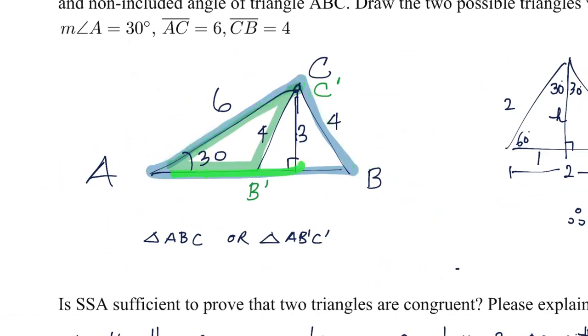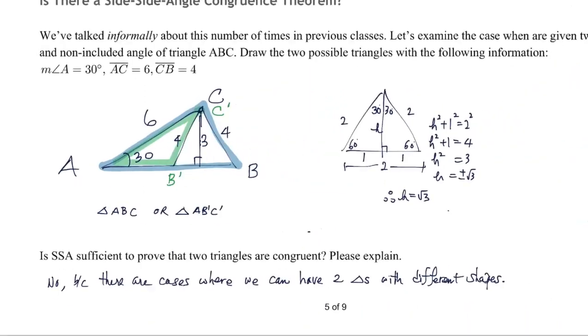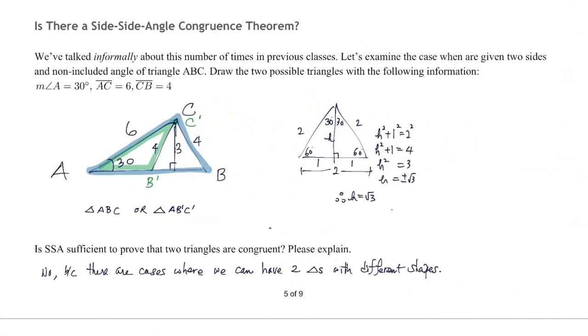Well, if this was 90 degrees, this would be 3. It's a little longer than that, right? So 4 is between 3 and 6. So if we drew 4 this way, we'd have this one triangle. But if you swing it out, and draw it this way, you get a triangle that way. So basically, this is showing you that by having angle side, or a lot of books go by side angle, it's not enough information to show congruence.